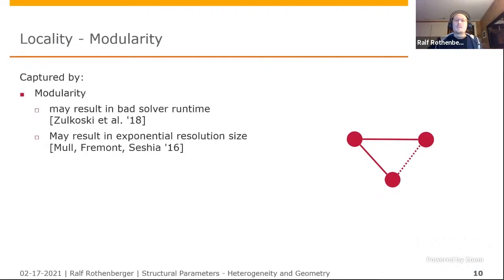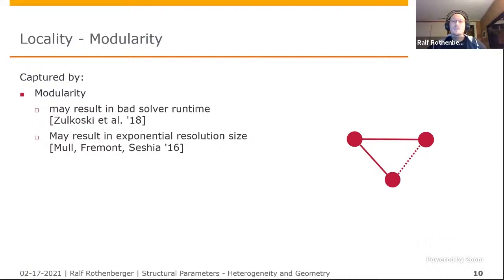And there already are some results on modularity and its effect on SAT instances. So modularity alone doesn't seem to be a good measure, because it still may result in bad solver runtimes, and it may also result in exponential resolution size.